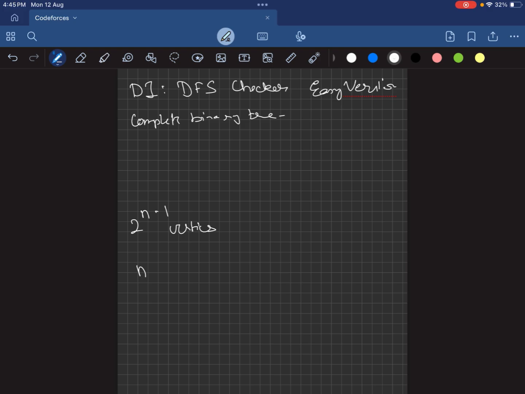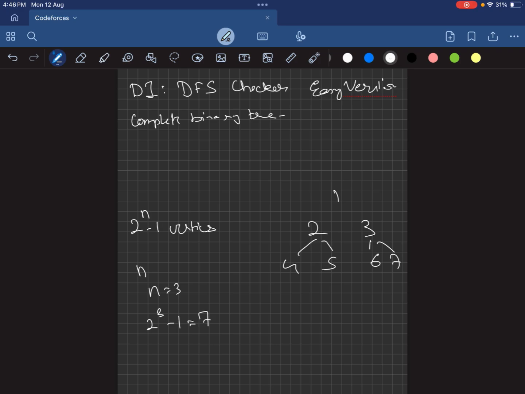So if n is equal to 3, then we have 2 raised to 3 minus 1, which is 7 vertices. So we'll have 1 2 3 4 5 6 7. This is the tree that we will get.